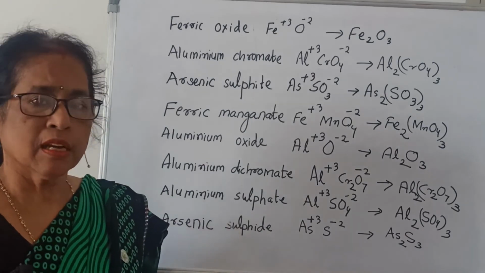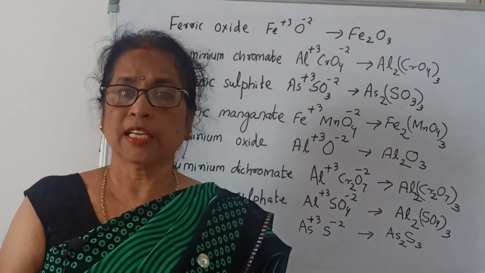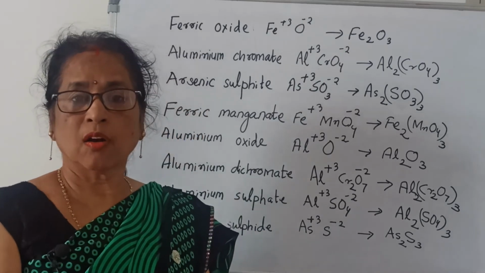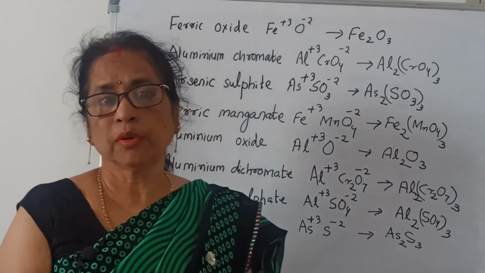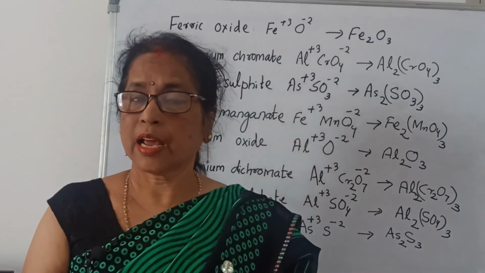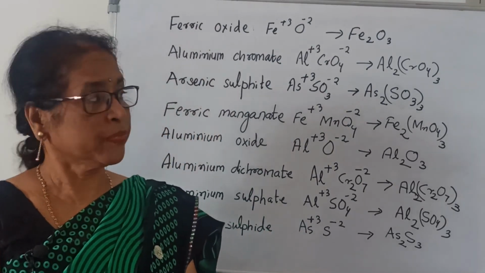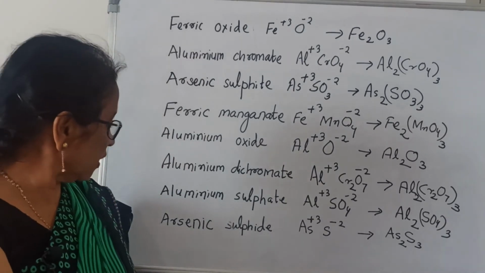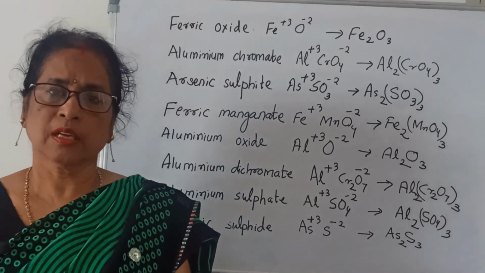Now these are the compounds. Easily you can do other compounds also. You can combine other radicals to form trivalent cation divalent anion compounds. I hope you are clear on all the formulas of these compounds.